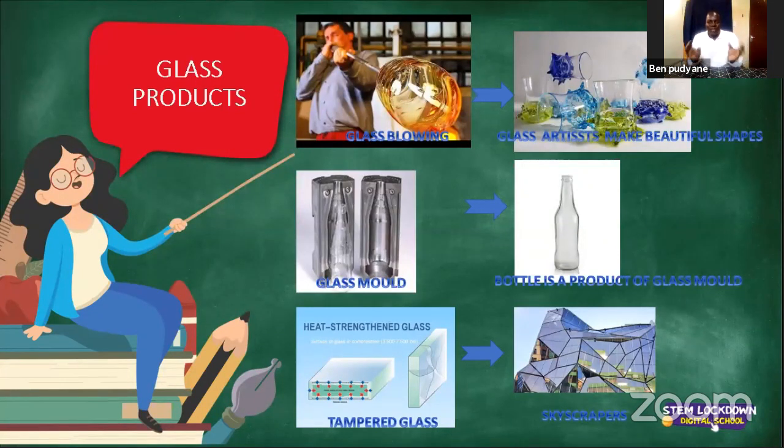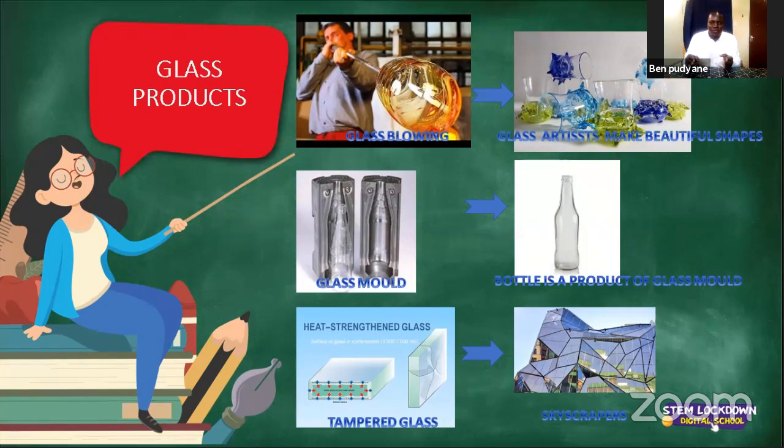When you blow the liquid glass, it makes a balloon. It's like blowing something in the water because it is still liquid. Then until it gets to a shape, then they make the shape that they want. If you can see on the right side, that person can make that shape.